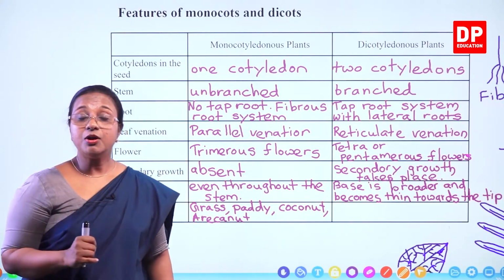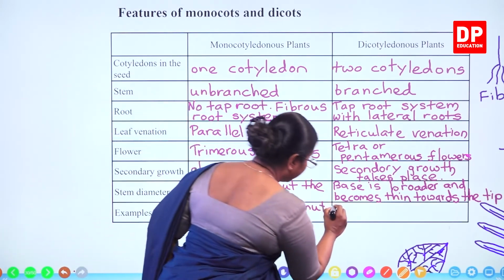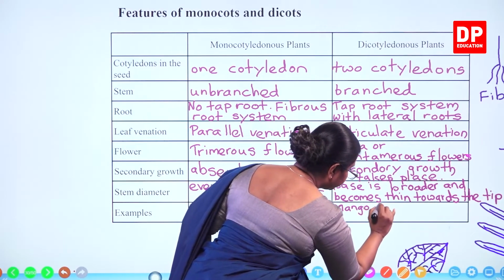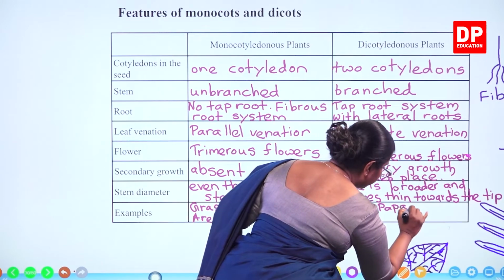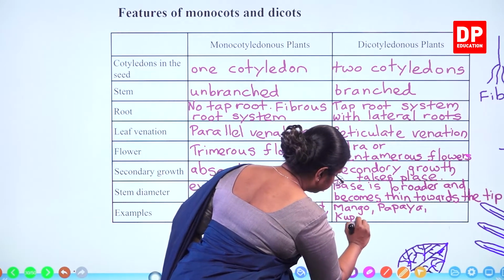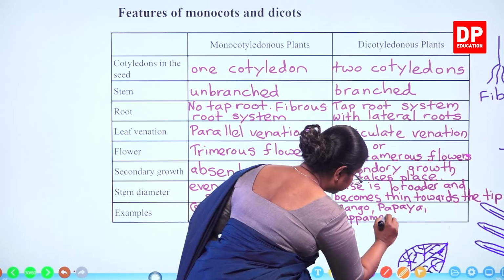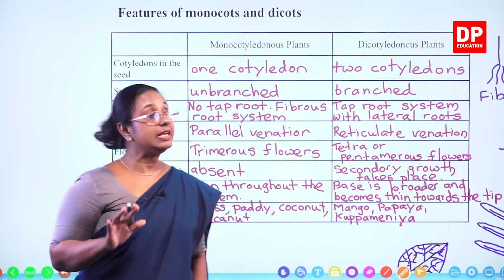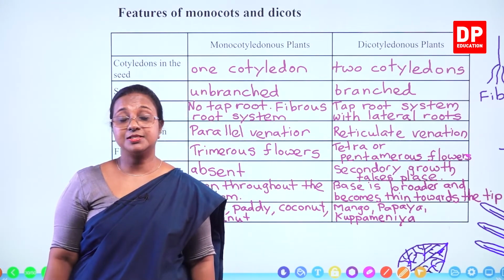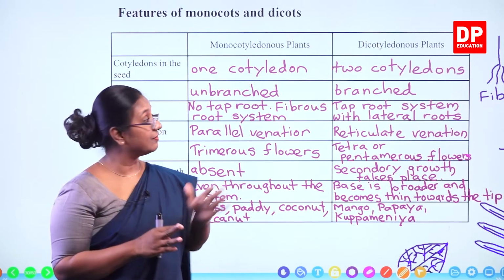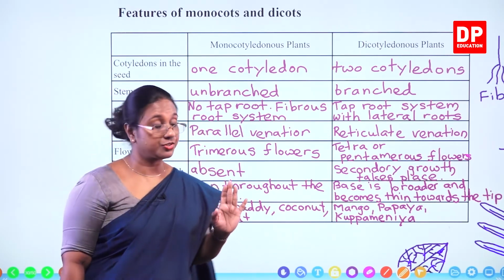If you take the dicot plants, again we can take mango, papaya, then coppermania plant, all these are examples of the dicot plants. So by looking at the plant itself, you can easily identify whether they are monocots or dicots.